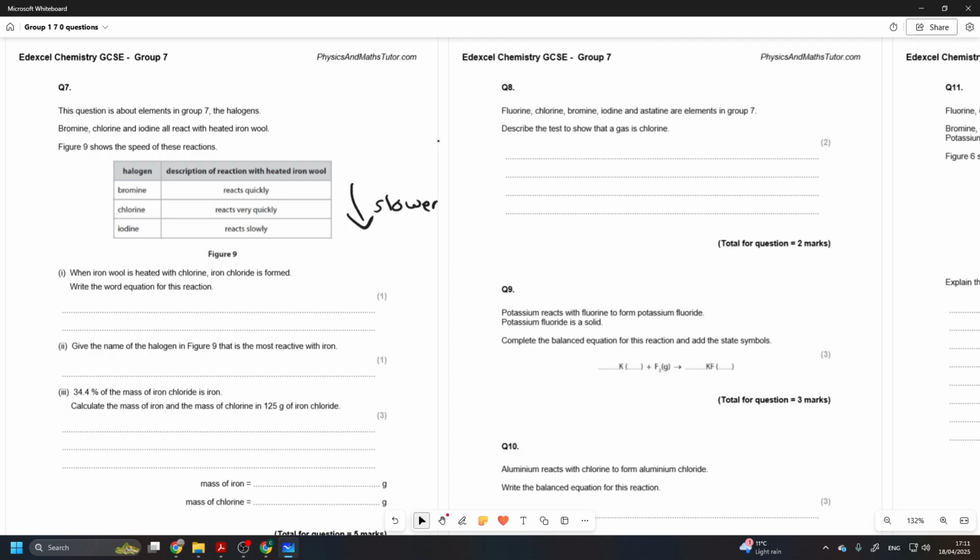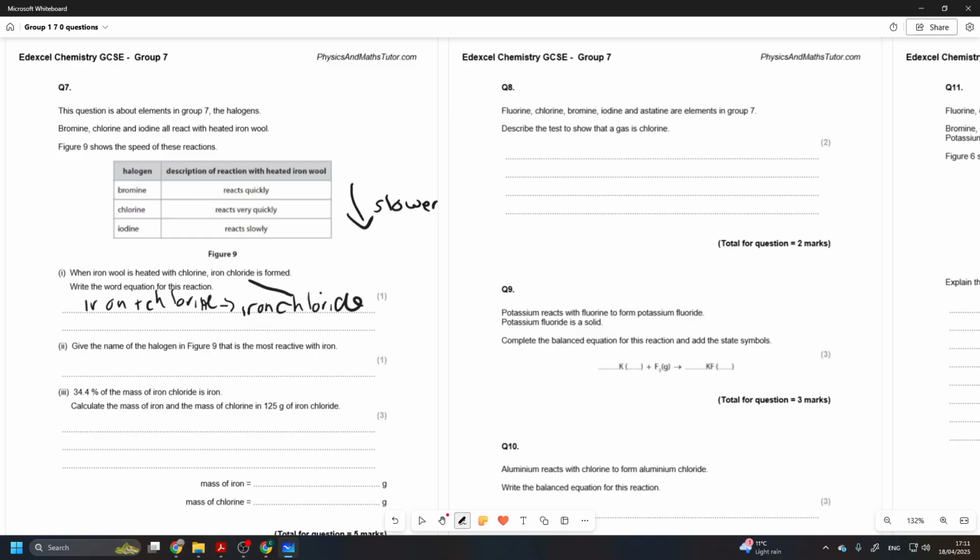When iron wool is heated with chlorine, iron chloride is formed. Write the word equation for this reaction. So you've got iron reacts with chlorine, and what does it form? Iron chloride, exactly.